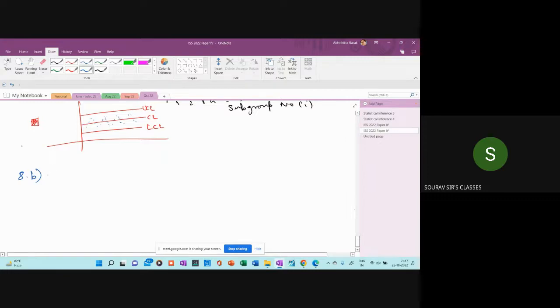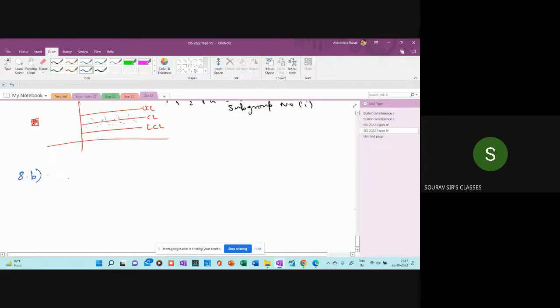If we have a particular lot, it's not always possible to go for 100% inspection. Suppose we are inspecting firecrackers or the life of a bulb. If we burn all the firecrackers, we are left with zero.